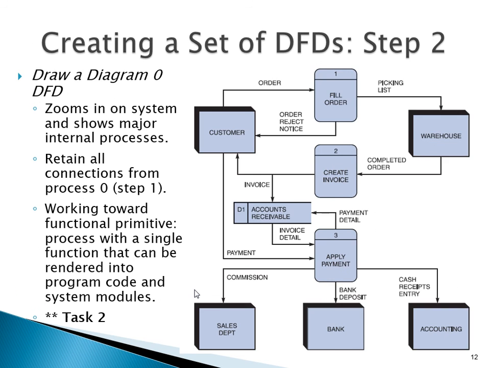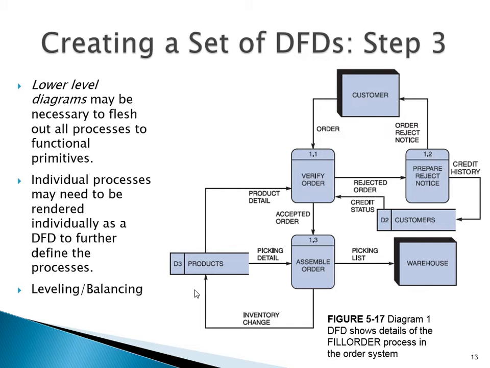The next level is the lower level diagrams where you get down to the absolute process level and take it all the way down to what's called the functional primitives, meaning the nitty-gritty details of what's required for your individual processes to work in practice. Really, that's what the developers would need to bring this product to fruition, but you're not being asked to do that. You're not being paid an exorbitant amount of money to lead this project from start to finish.